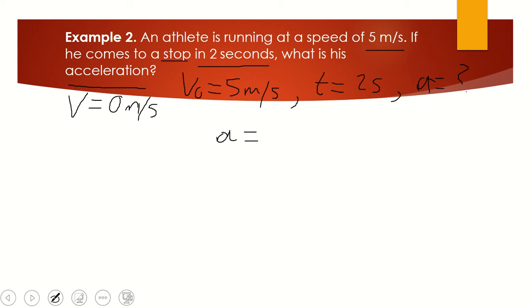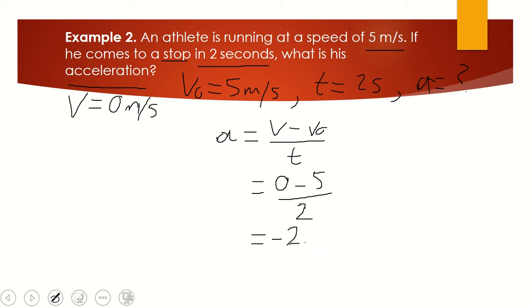Acceleration equals change in velocity, v take v naught, over time. The final velocity is 0, initial velocity was 5, over 2 seconds. So 0 take 5 is minus 5. Minus 5 divided by 2 is minus 2.5 meters per second squared.